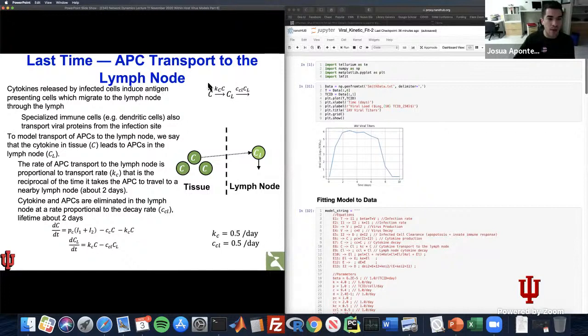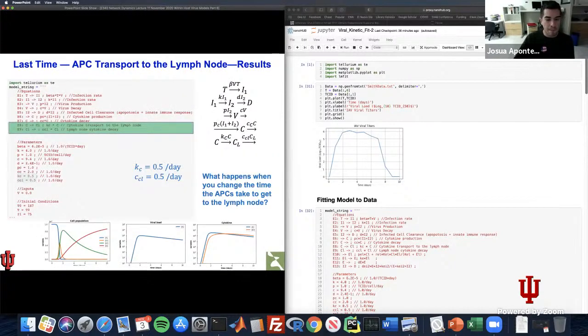So we included this in our system by having these transitions, right? The cytokine in the tissue going to the lymph node, that's what we call CL, and the cytokine in the lymph node eventually decays. And when we add that, we see that now we have a little bit of a different relation.